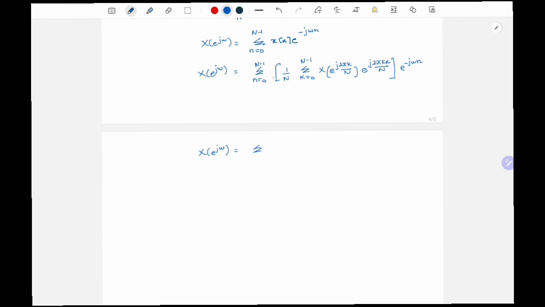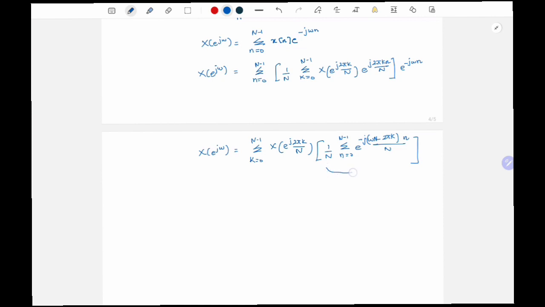If I take the k summation outside and n inside, I will have k equal to 0 to N minus 1, and only this term doesn't depend on n, so I can take it out: X(e^j2πk/N), and 1 by N I will take inside. So 1 by N summation n equal to 0 to N minus 1, e^(minus j(ω minus 2πk/N)n). So if you put all n, I'll get a factor of N here, so divided by N.